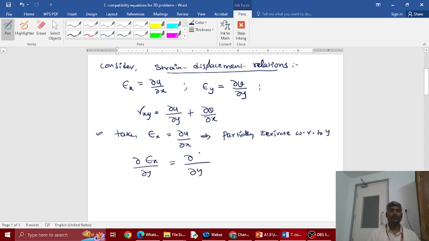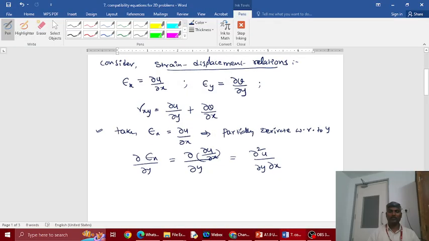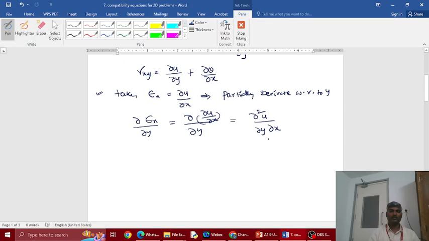Since epsilon x is ∂u/∂x, this gives ∂²u/∂y∂x. Now again partially differentiate this with respect to y.